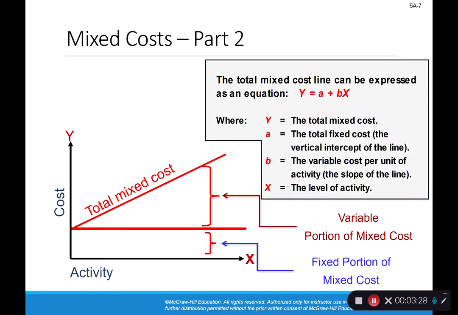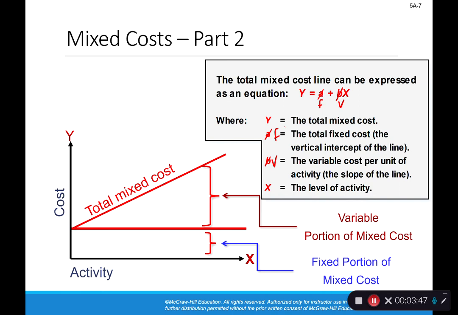It is a useful method in that if we are able to draw a line, then we can come up with the cost equation y equals A plus Bx, which again I replace A with F and B with V because it helps me remember what the variables stand for.